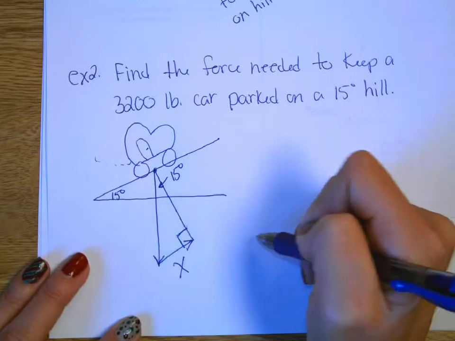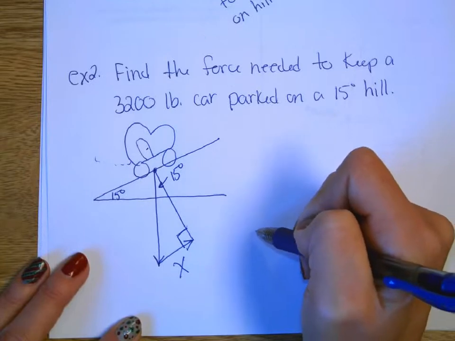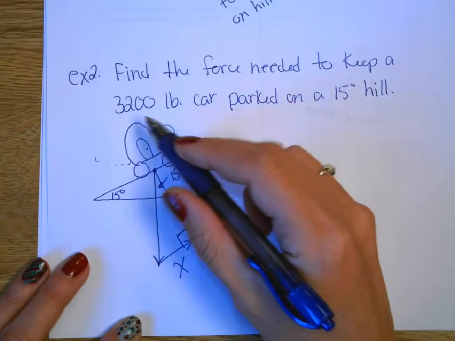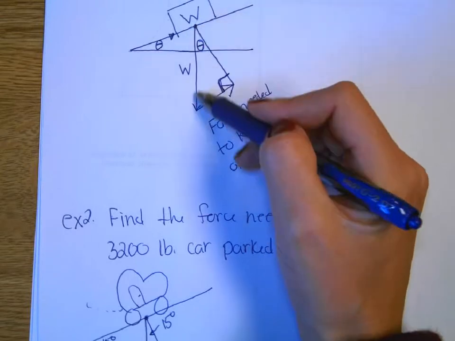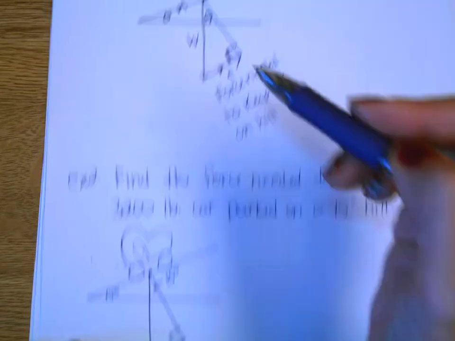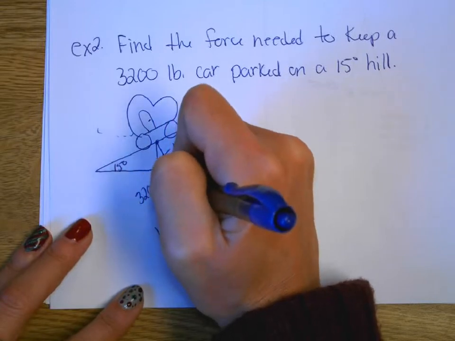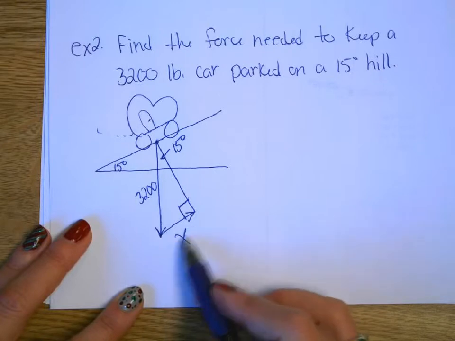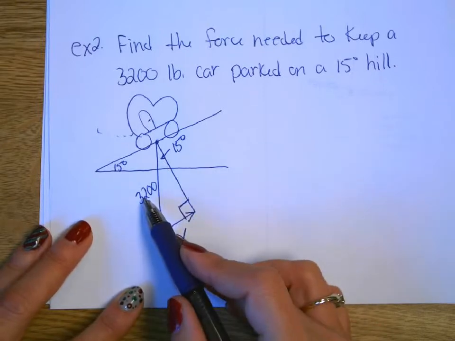The hypotenuse of this triangle is the weight of the car. Whatever the weight is, that's what goes on this straight down vector. So 3,200. And all we want is the force needed to keep it on the hill. That's the one parallel to the hill down here. So we do have angle, side.